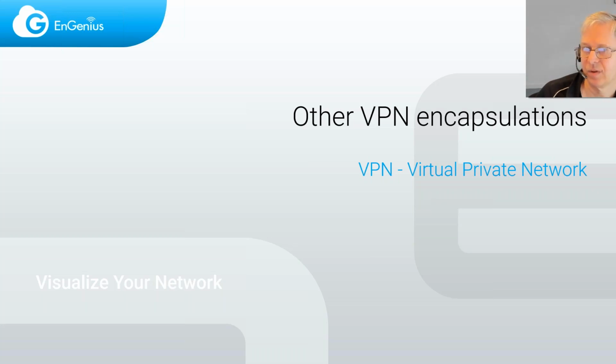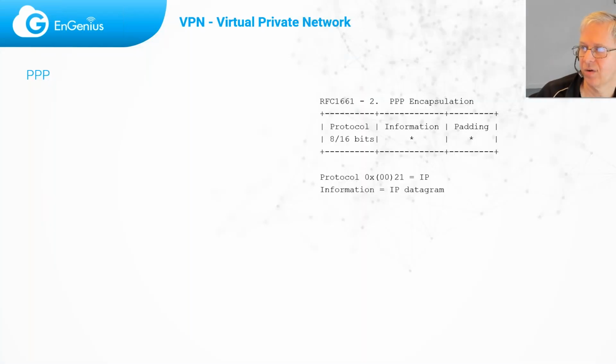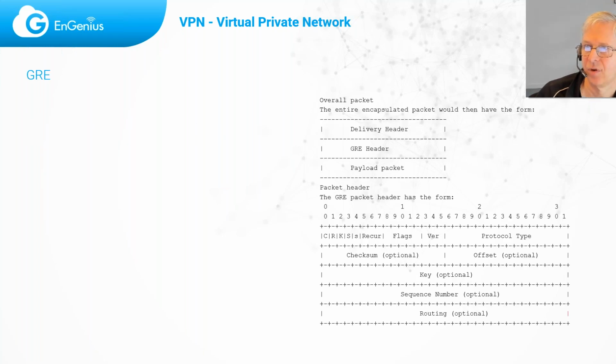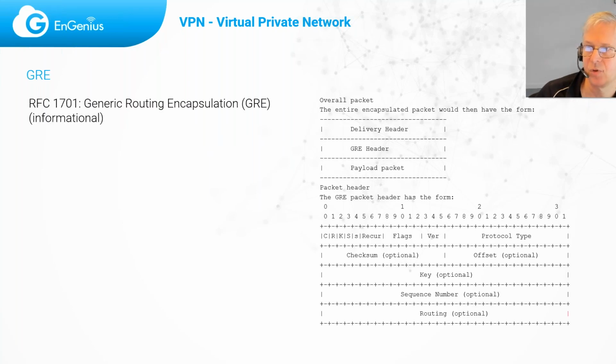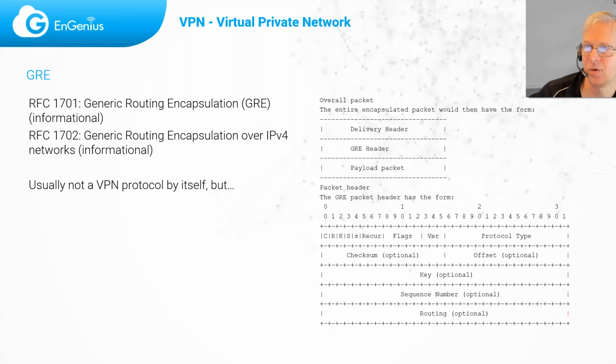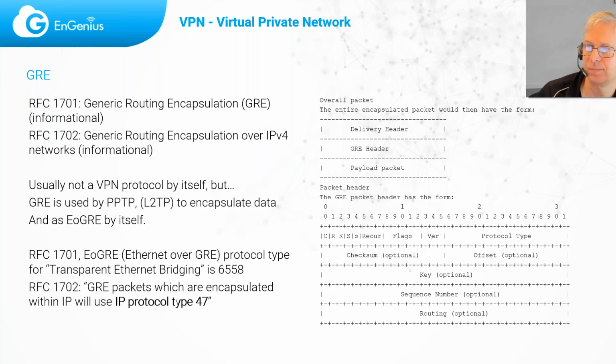Then, for a very short overview of other things, we have PPP, which we use inside stuff. It's not a VPN protocol by itself. We have GRE, usually not used by itself, but it's used by PPTP and L2TP to encapsulate data, and by IP over GRE also.